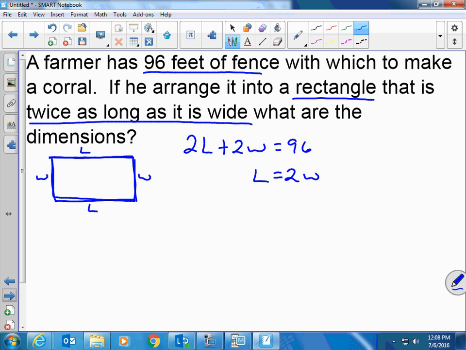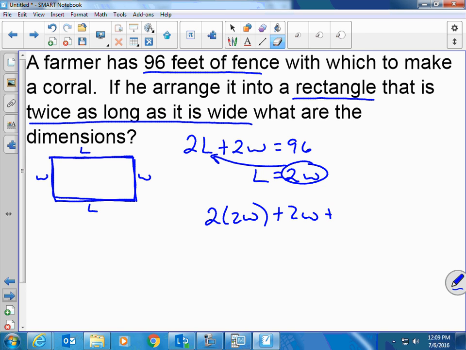All right, going to solve by substitution. Plug in my 2W. So 2 times L, which is 2W, plus 2W, has to equal 96. Using substitution, 4W plus 2W equals 96, multiplying those together.